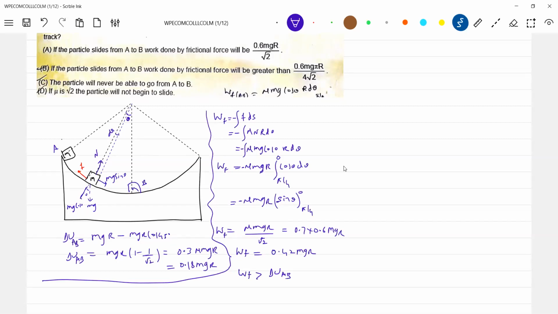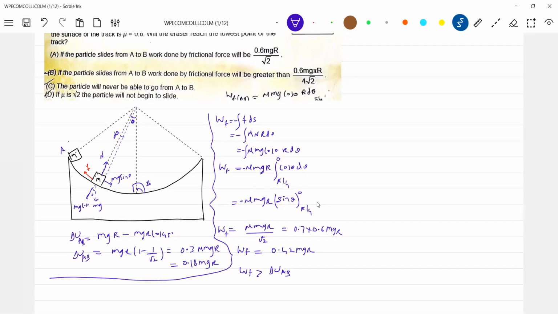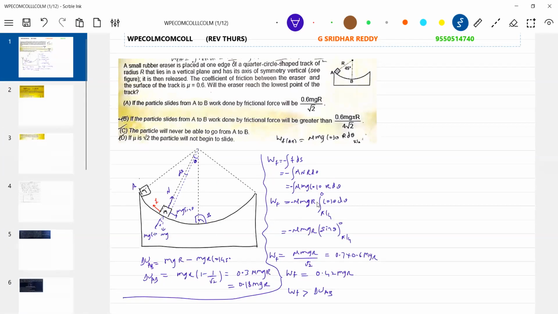Therefore, the block cannot reach B. W_F is greater than the decrease in potential energy, so the particle will never go from A to B. Therefore, the particle cannot go from A to B.